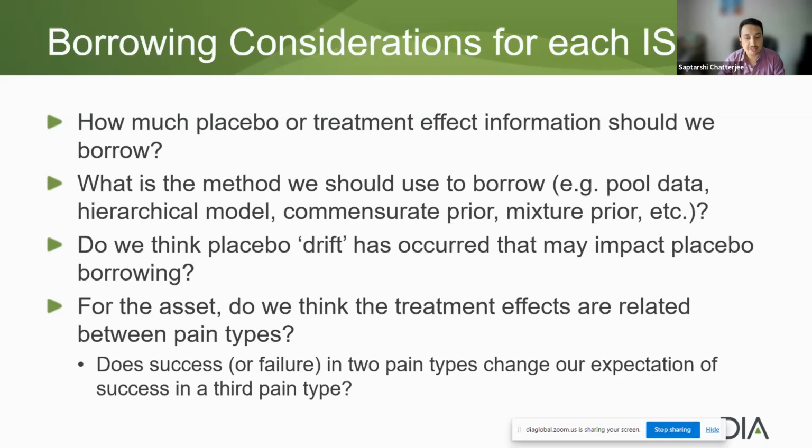How do we think that's going to play out, and what's our notion of success or failure in one or two pain types changing our expectation of success in a third pain type? So there are some questions that linger around the borrowing considerations for each ISA. We somewhat tackled a few questions, but not all of them.